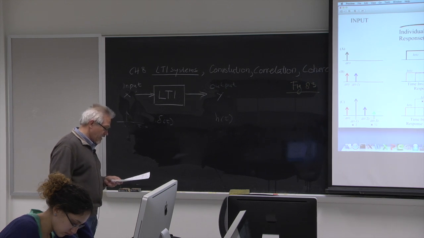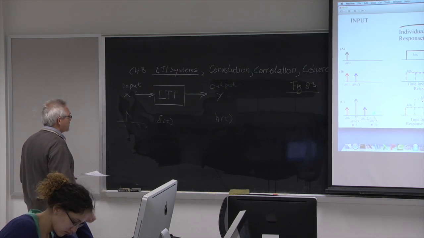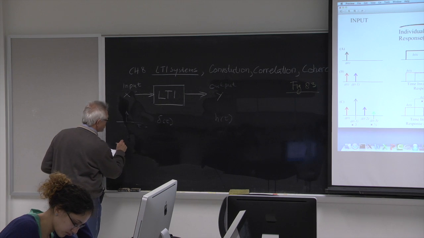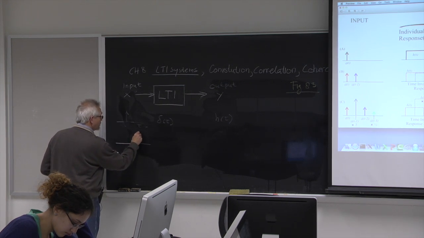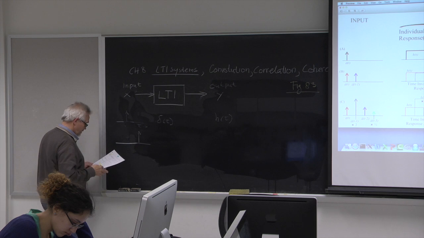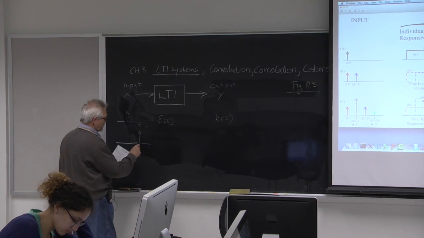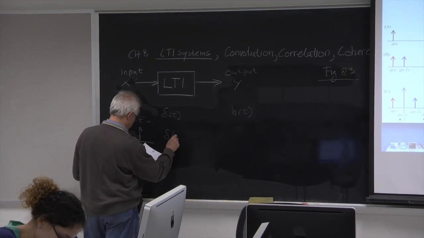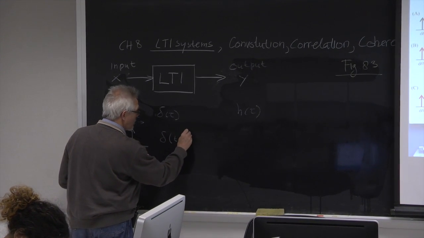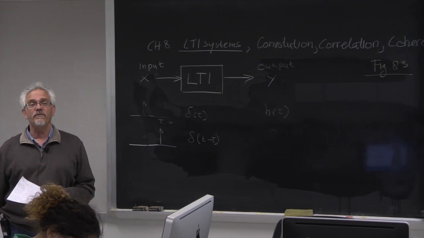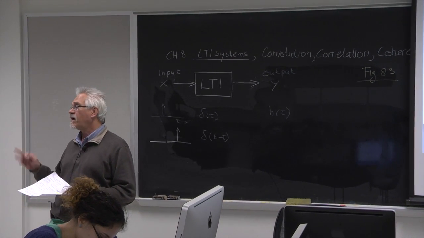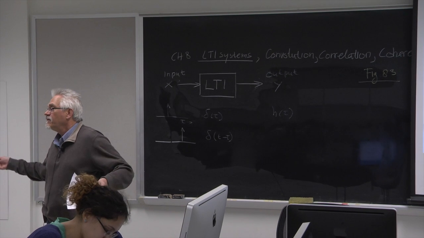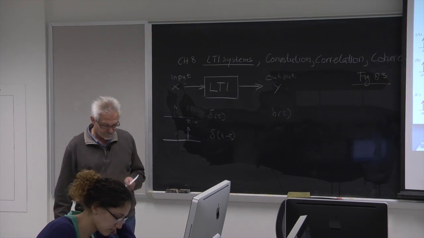Now the next thing you can see, and that is kind of a characteristic of the time invariance of the filter, is that if I give it the same impulse, that would be delta t minus tau, or tau minus t, because the delta function is even symmetric, so tau minus t or t minus tau gives you the same thing.